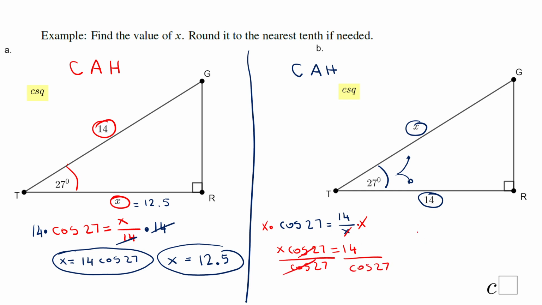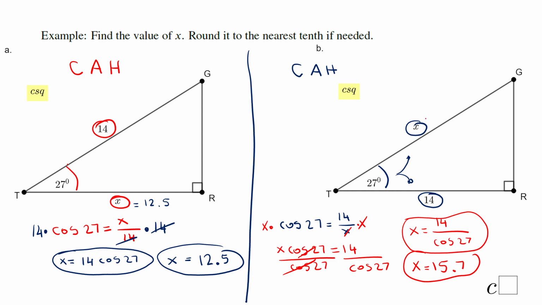So we have x equals 14 over cosine of 27, which is the exact answer, like I said in the previous problems. Now we're going to evaluate, and again, be careful how we do it. 14 divided by cosine of 27, and that will be 15.71, so I will round it to the nearest tenth, 15.7.